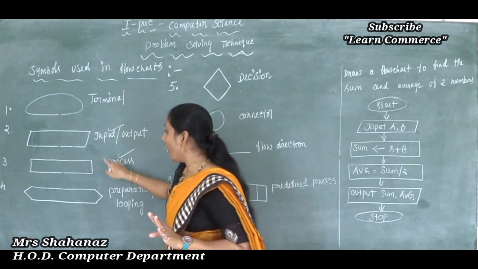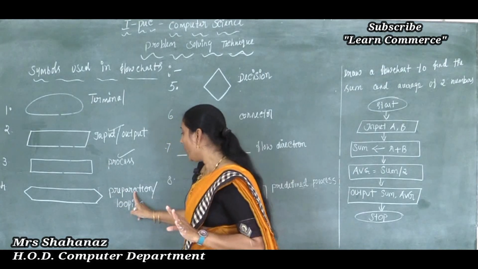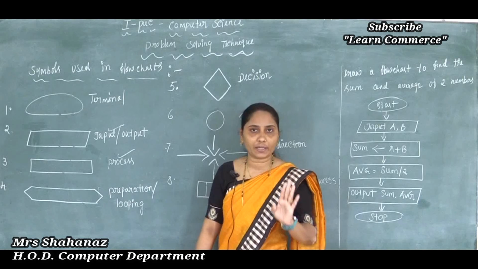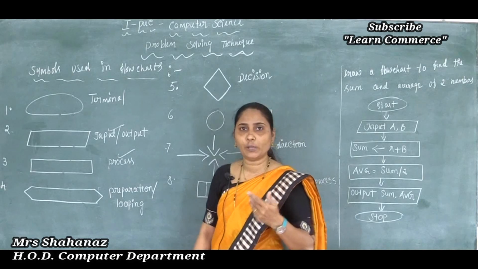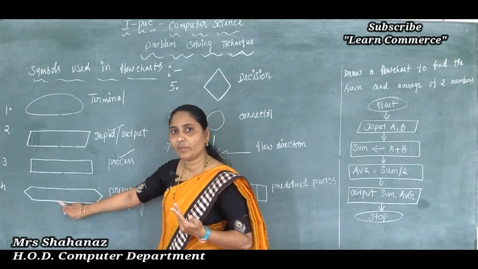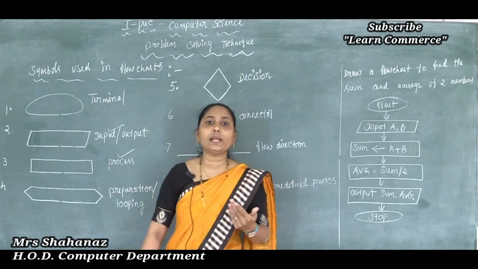After the process symbol, the next symbol is the preparation, also called the looping symbol. What is the meaning of looping? This is the symbol we use to represent the looping condition.